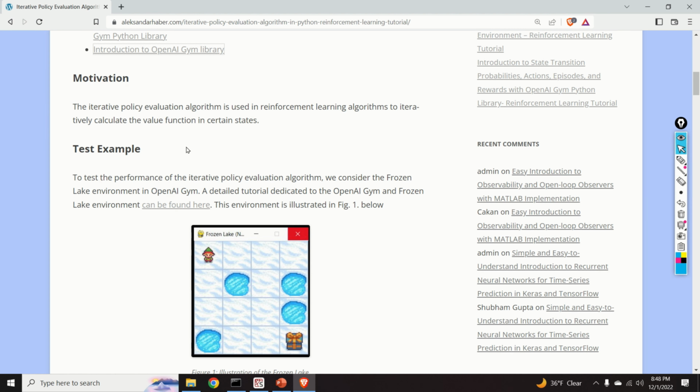And this algorithm is a building block of more complex reinforcement learning algorithms. That's why it's very important to completely understand all the ingredients of this algorithm. So let us immediately jump into a test example in order to make this video more interesting.